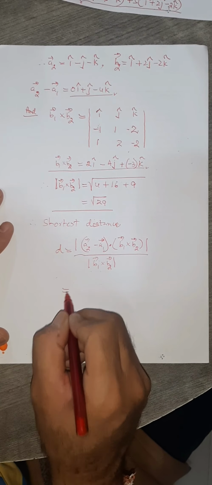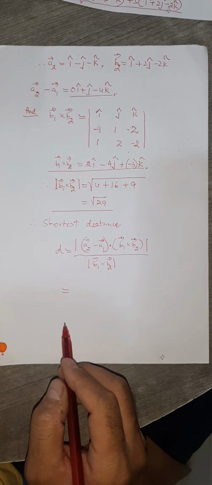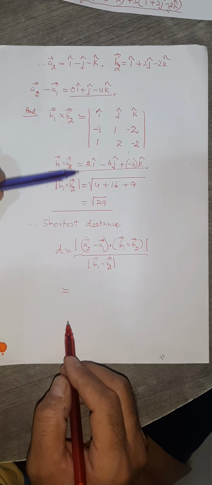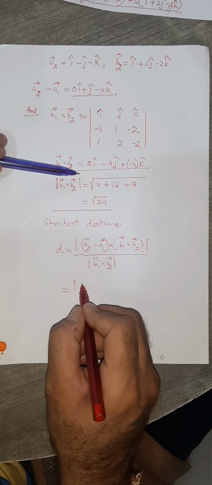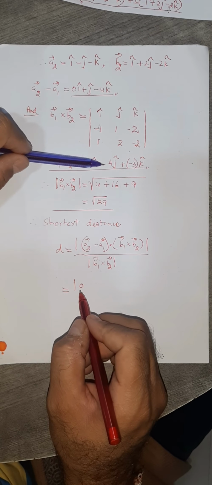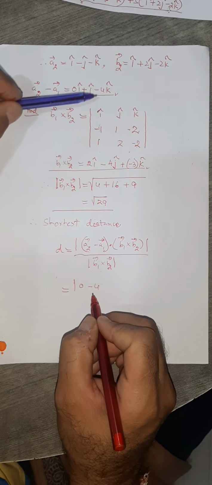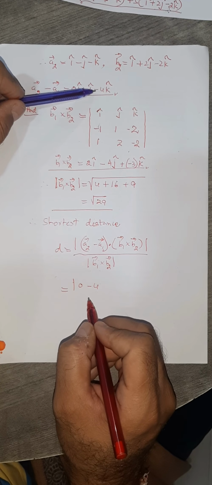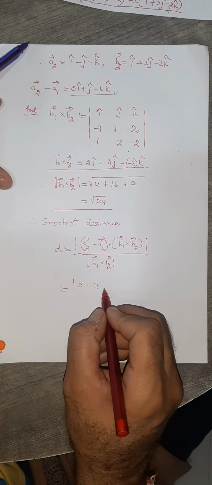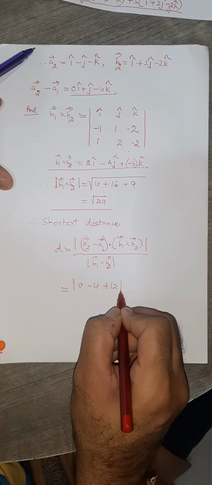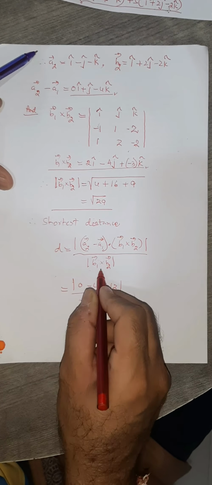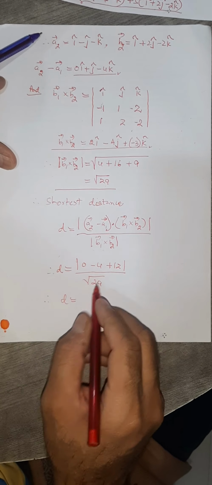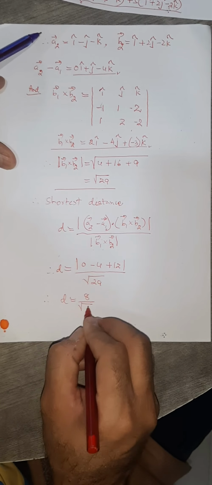Okay, now get the dot product of these two vectors, remember, these and this. So 0 into 2, which is 0, 1 into minus 4, which is minus 4, and here minus 4 into minus 3, so it will be plus 12, upon root 29, and therefore we have d equals, this is just 8 by root 29.